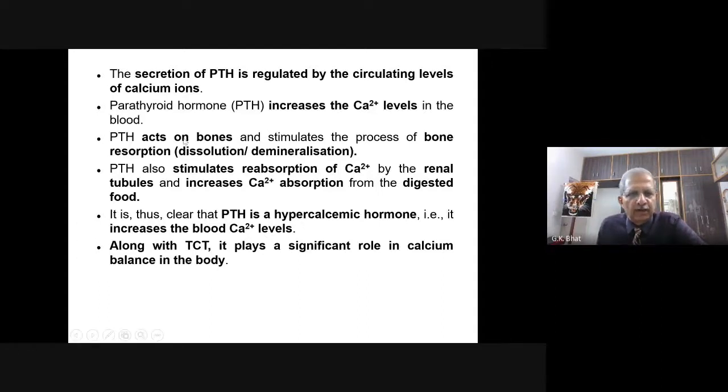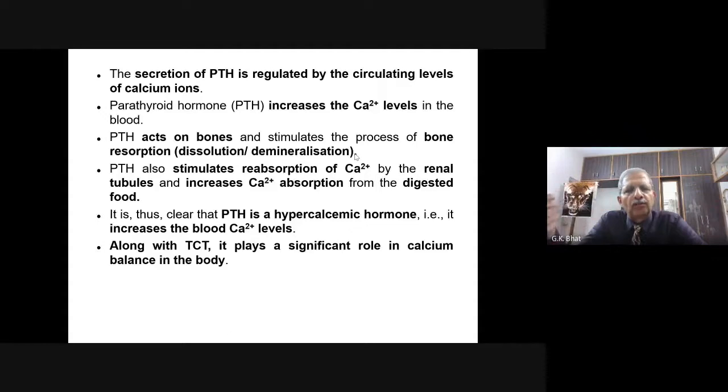PTH acts on bones and stimulates the process of bone resorption, that is dissolution or demineralization. That means whenever there is a decrease in the calcium level in the blood, the calcium from the bones comes out to the blood.